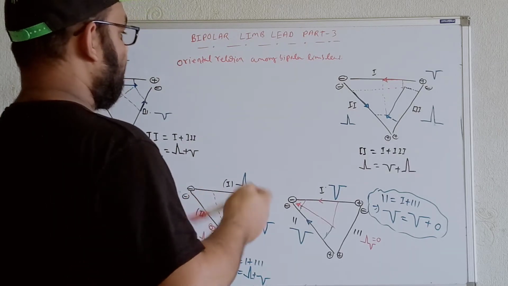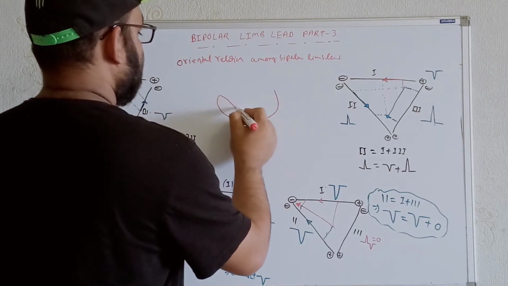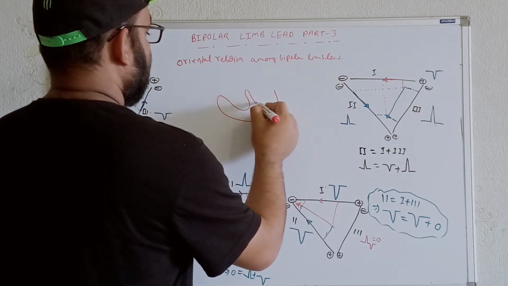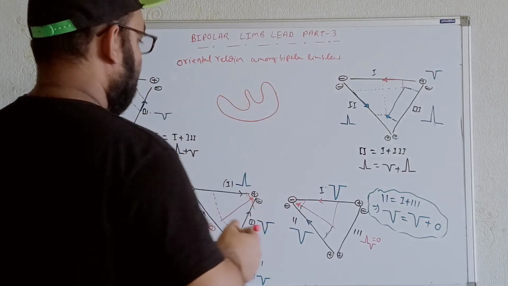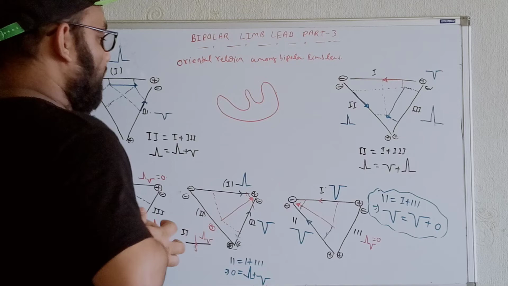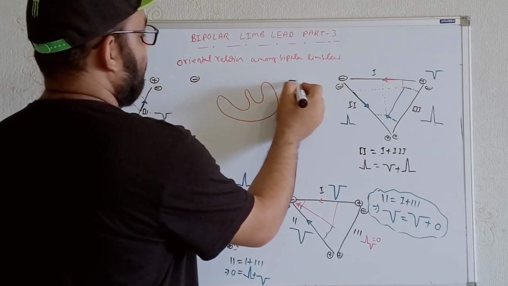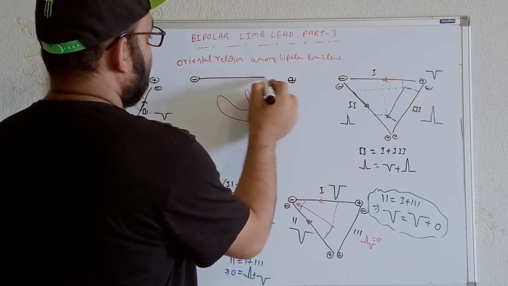For example, I'm assuming, let's say I'm drawing the heart over here. Now try to understand. What do we know? The different vector axes will get negative and positive ends. For example, we'll get lead number 1 over here.